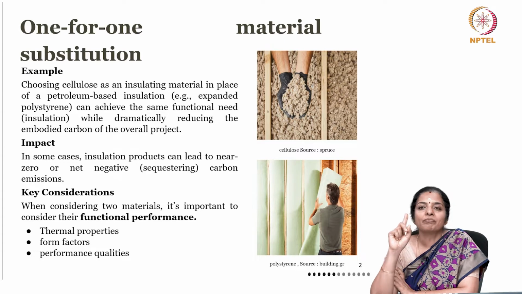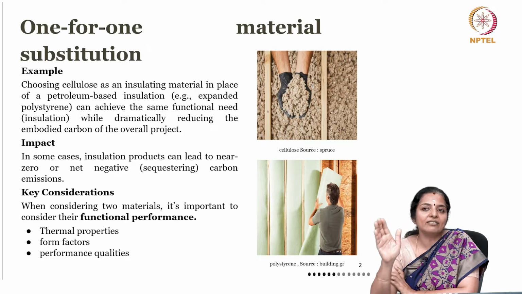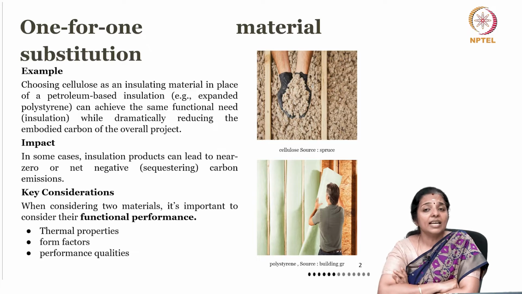So, substitute one material for another, a carbon negative or at least low carbon material, to achieve the same impact that you want. In some cases, insulation products can lead to even near zero or net negative carbon emissions because they have sequestered carbon.